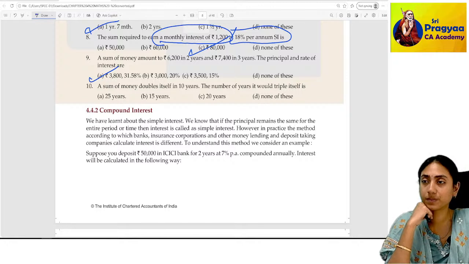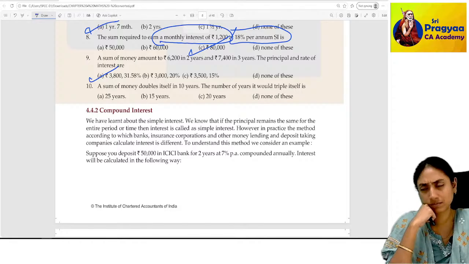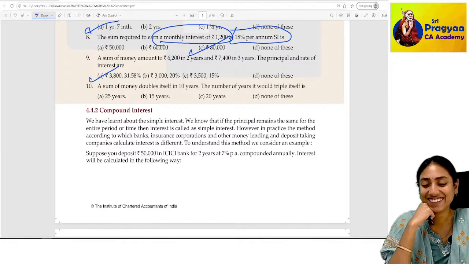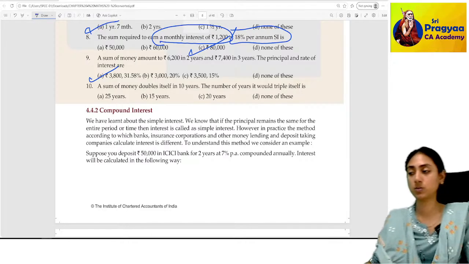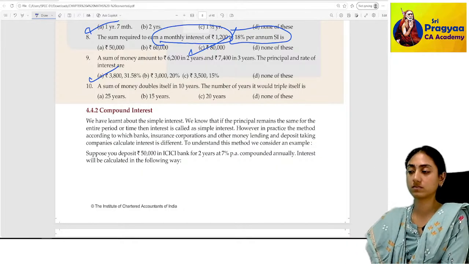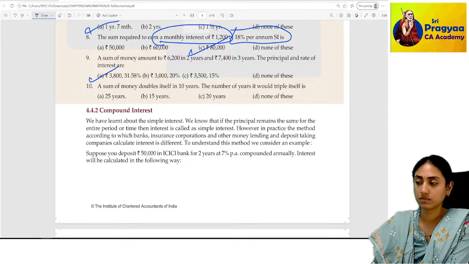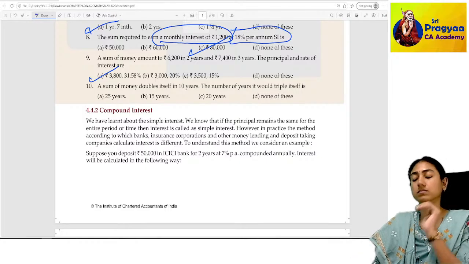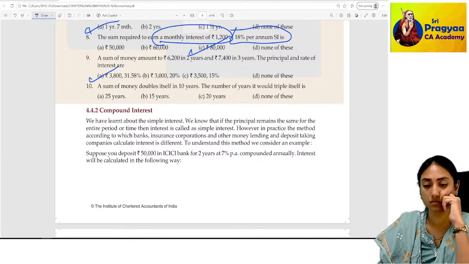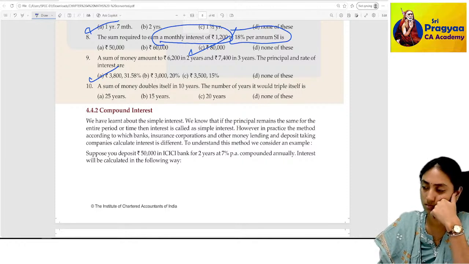எப்படி? கரெக்டா யோசிச்சு சொல்லுங்க. How will you do? P into R into 10.